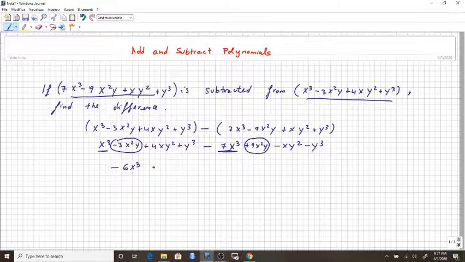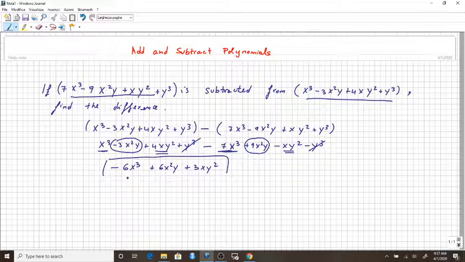I don't see any other x squared y, so we can combine these two to plus 6x squared y. And then we have 4xy squared minus xy squared. They combine to 3xy squared. And then y cubed minus y cubed is simplified. So this is the simplified polynomial expression.